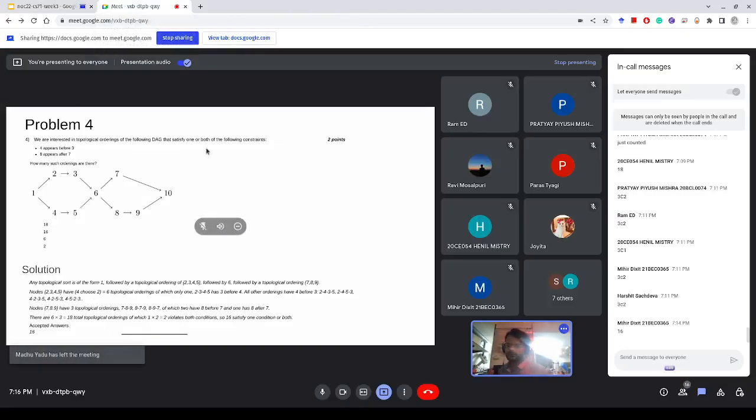If you didn't understand this question or the solution, just ask right now. Okay, in case there are no questions about it, if there are, you should really ask.